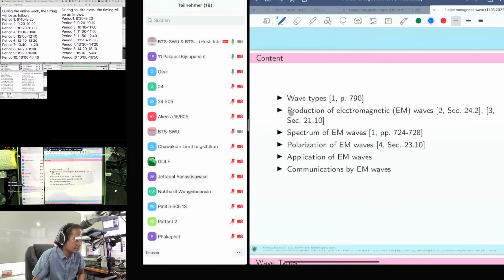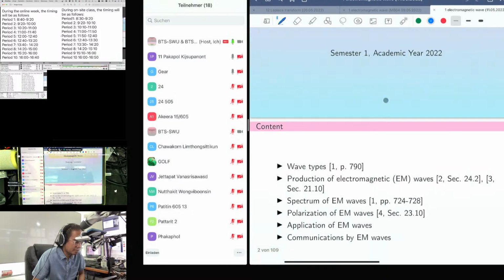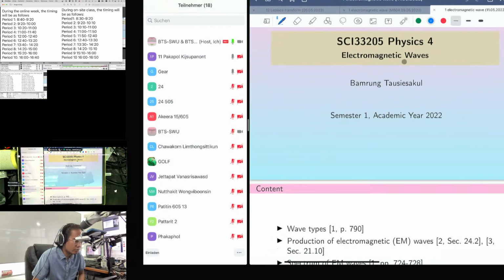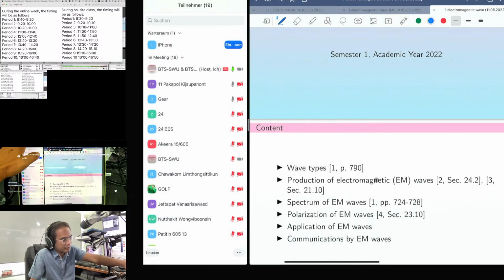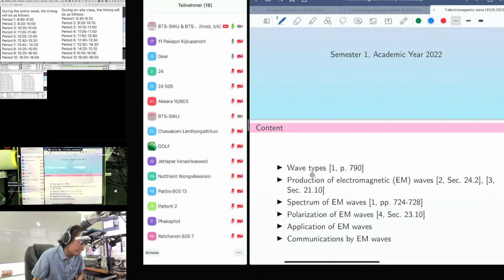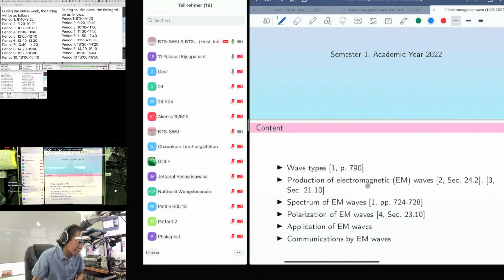And the next one is, because we pay attention to electromagnetic waves, EM can be abbreviated by the letters E and M, the EM wave. It's the combination of electric field and magnetic field. We will see how the EM wave is generated in this topic.